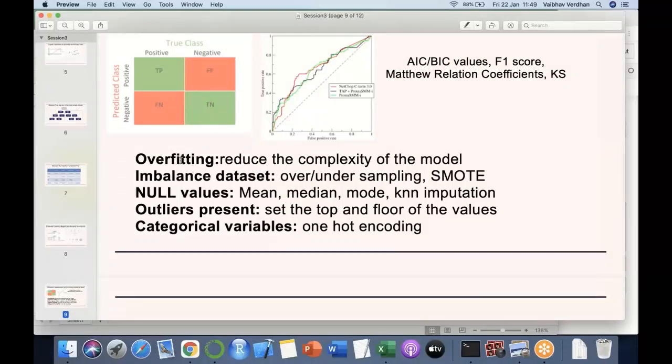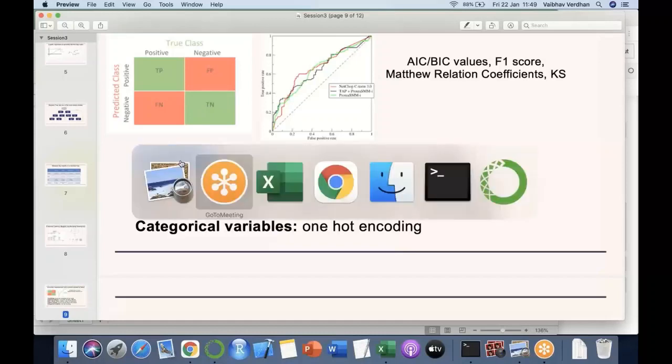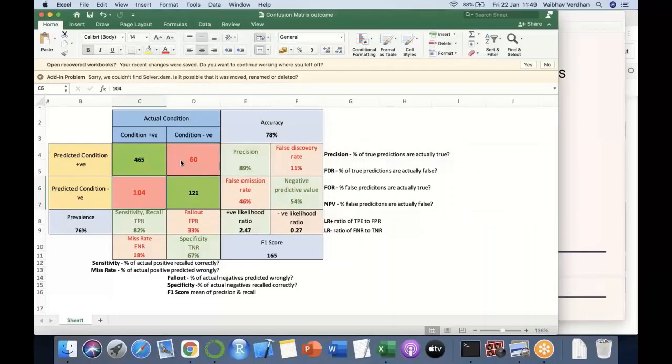First of all is overfitting or underfitting, which is referred to as the bias variance trade-off. If your algorithm is too simple, it is an underfitting model. What will happen is that your model is not able to work on the training data itself.